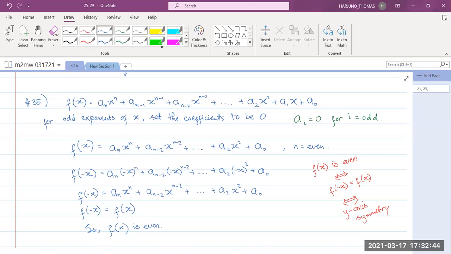A polynomial is even if the polynomial consists of terms with even exponents. Why? Because if you replace x by negative x and the exponent is even, that will be just x to the same even power. Okay, that's for number 35.